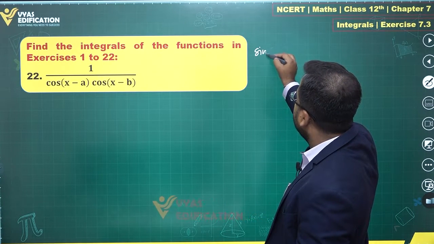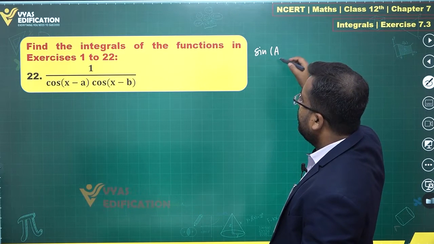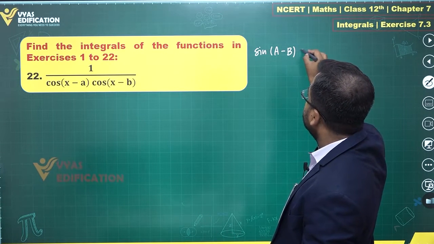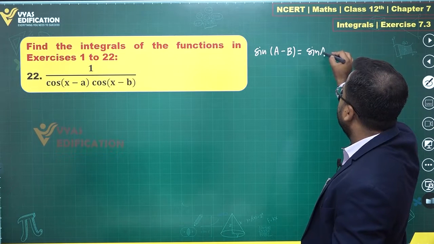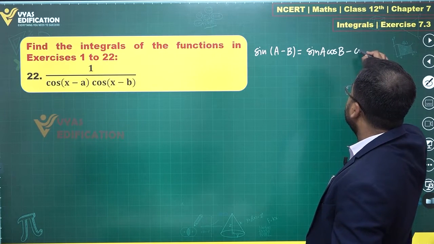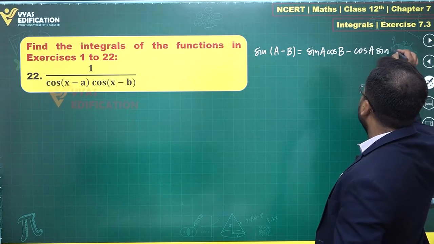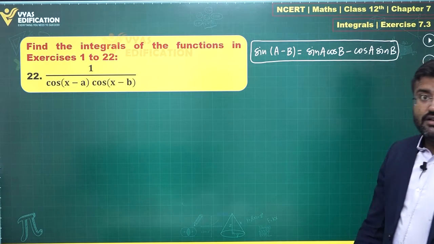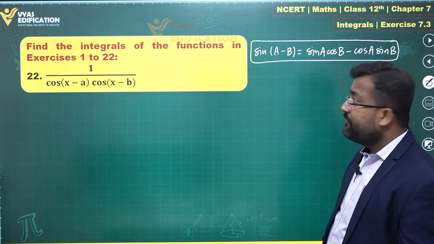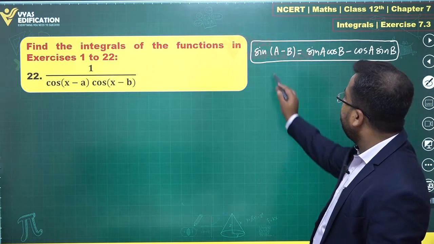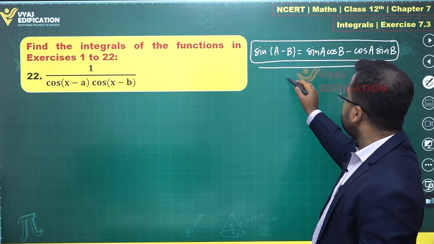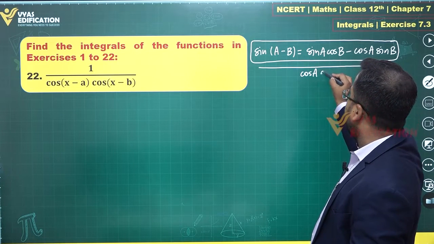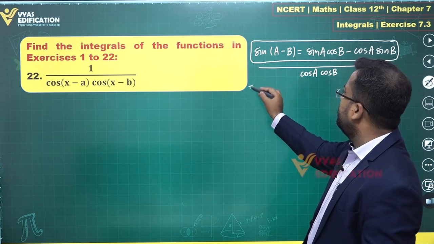So you remember sine of A minus B is equal to sine A cos B minus cos A sine B. This is something which you are aware of, right? Okay, and if I divide this expression throughout by cos A cos B, what happens?